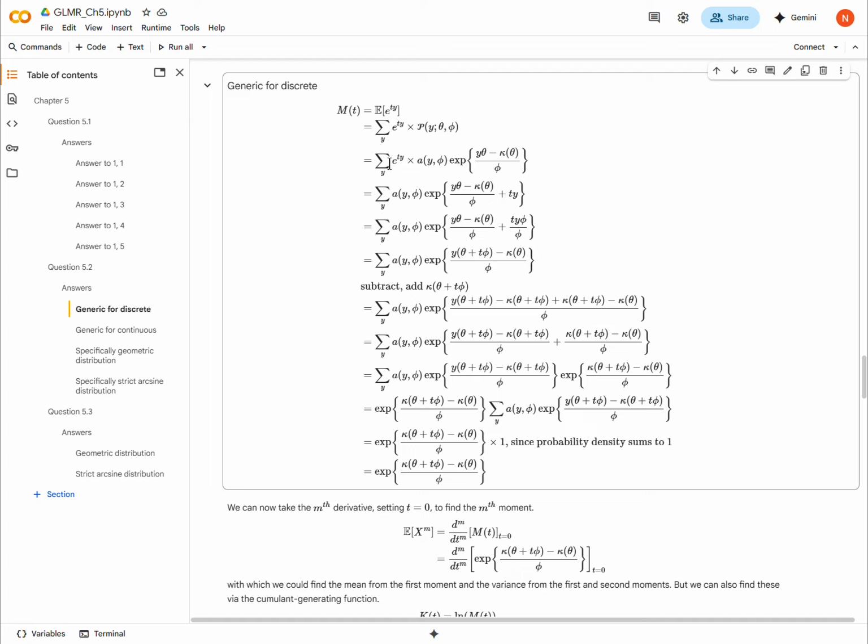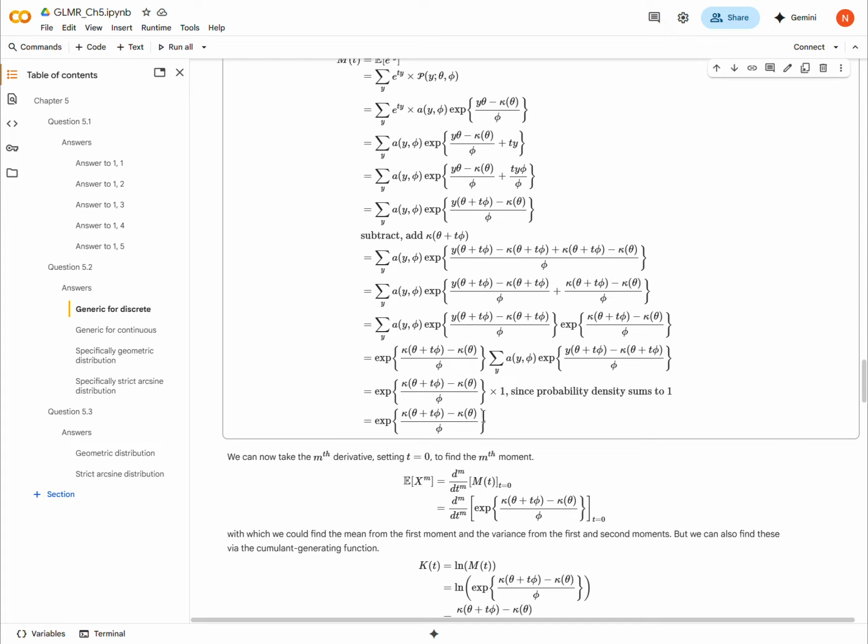All right. So again, I'm not going to go through every step here, but we already have e to the ty, and for the probability distribution we put in the EDM, which is the probability distribution of a generic EDM. And then this is just mathematical manipulations. Hopefully you can follow all of the steps. But eventually we get to the moment generating function being this guy right here.